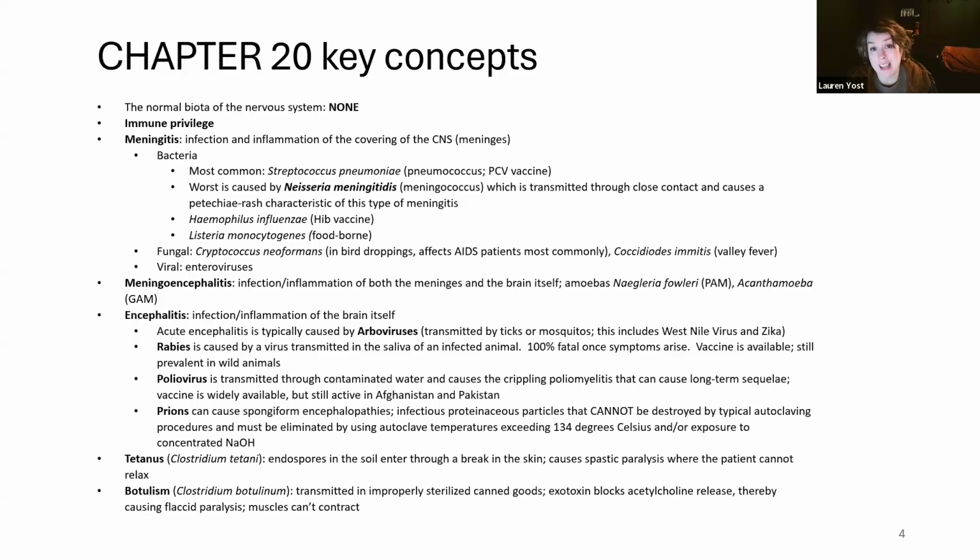There are specific cells like microglia that are basically brain macrophages, trained to have a less significant or severe inflammatory response, just to protect the tissues. But this also kind of leaves it a little bit open to infection.